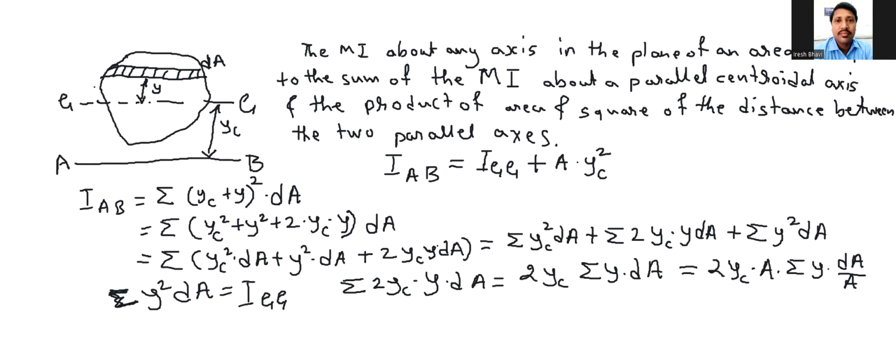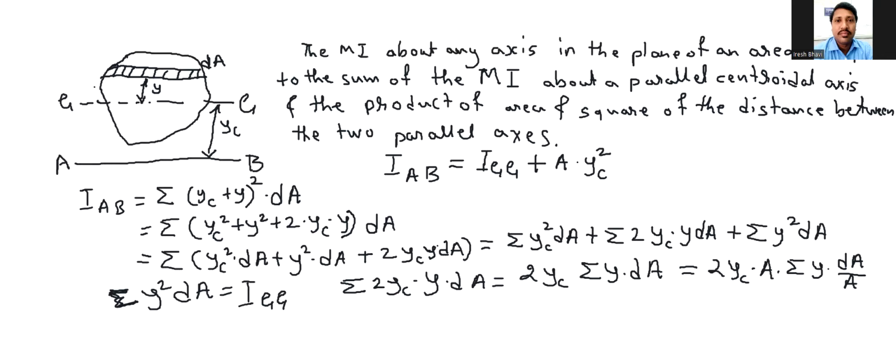Hence this is the distance of the centroid from the reference axis GG. But as the axis GG is passing through the centroid, the distance is 0. Hence Y will be equal to 0.